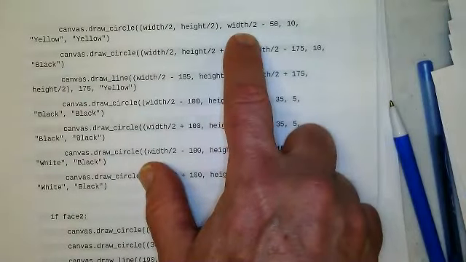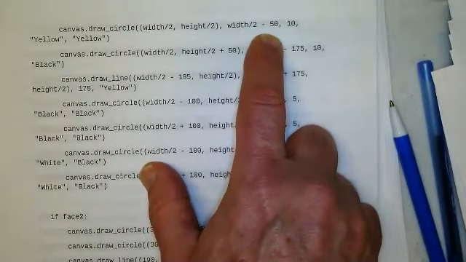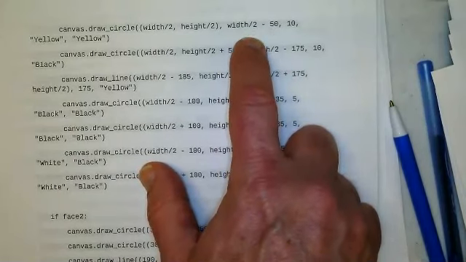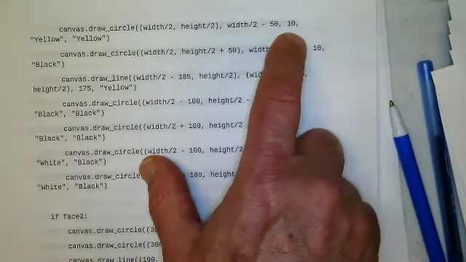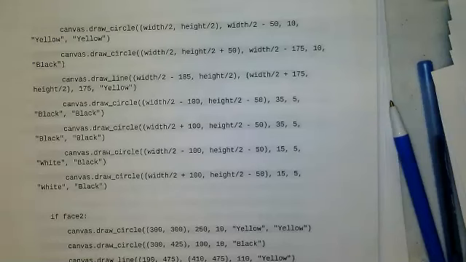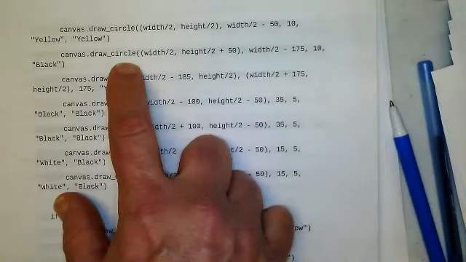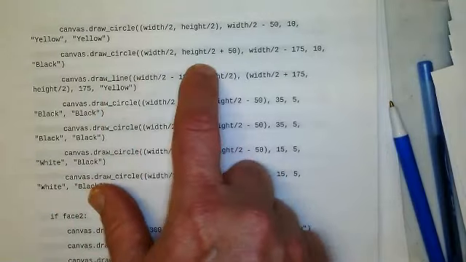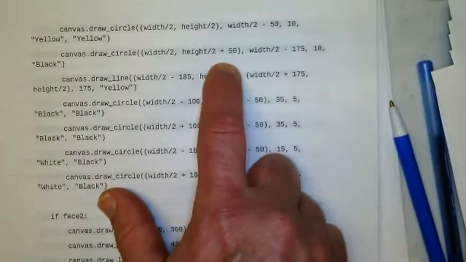And then width, sorry, my mind's gone blank here for a second. My radius of my circle, my thickness of my line, it's yellow line filled yellow. And then it's going to draw another circle at width 2, 300, but it's going to be a height of this.